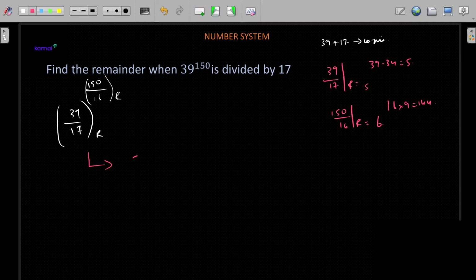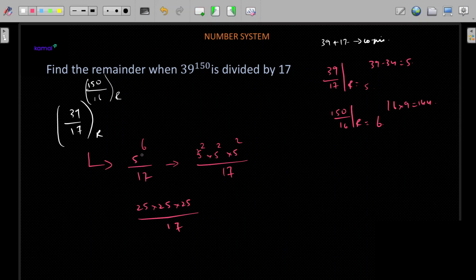Eventually this number will become 5 power 6 whole by 17. I can write this further. I can convert 5 power 6 as 5 square into 5 square into 5 square to make my calculation easier. Since it is 17, 5 square is 25, so it will become 25 into 25 into 25 by 17. Why am I splitting this?